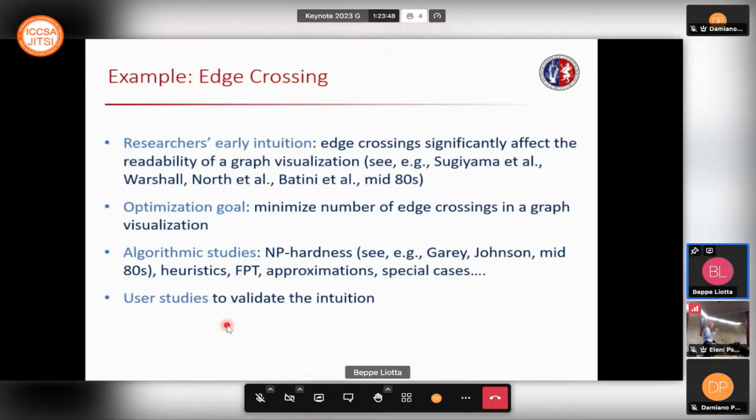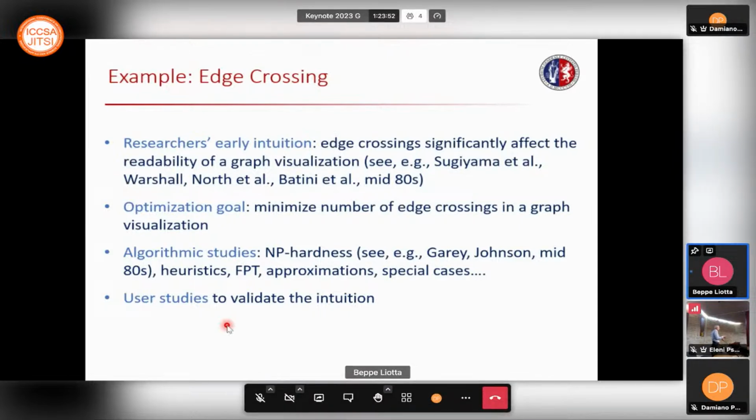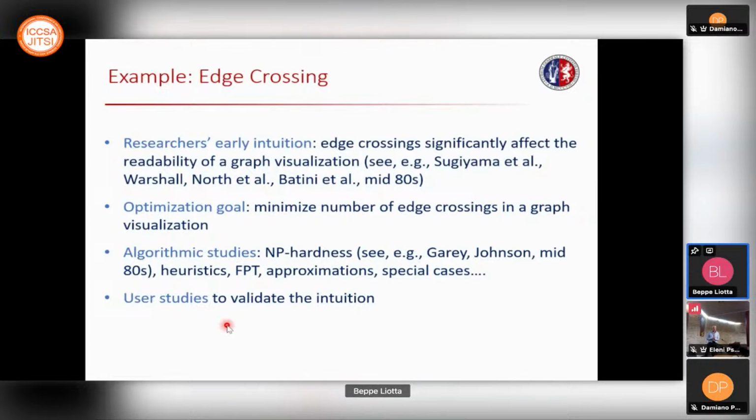A typical example is edge crossing. I already told you that you want to minimize the number of edge crossings at several moments of my talk. In fact, the early researchers in the 80s who basically started the field, Sugiyama, Warfield, North, Battista, had this intuition that crossings would affect the readability.